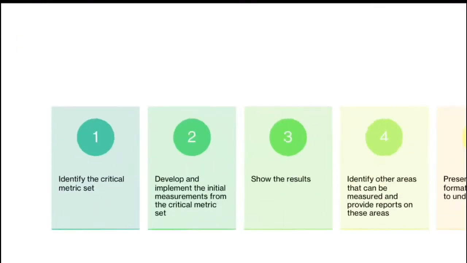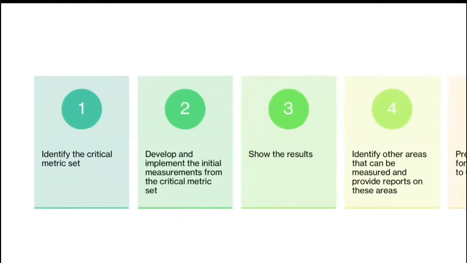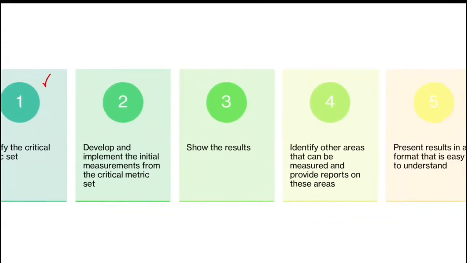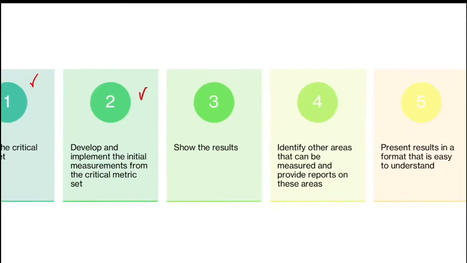So here are the steps in setting up IT performance metrics. First, identify the critical set. Number two, develop and implement the initial measurements from the critical metric set. Three, show the result to the management and the governance board.